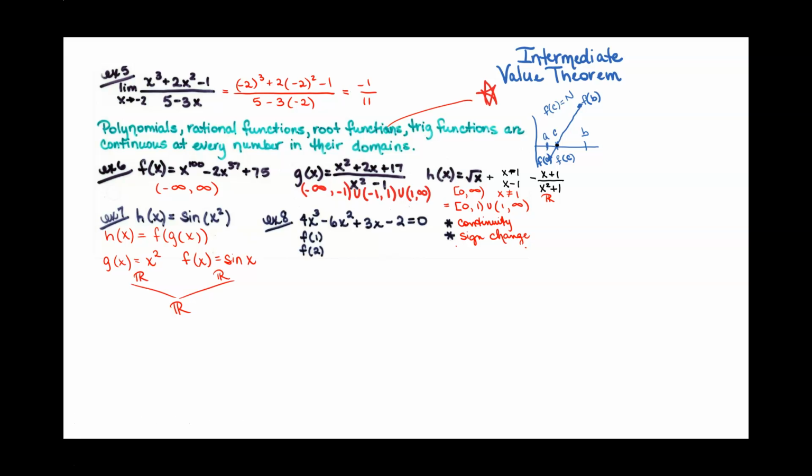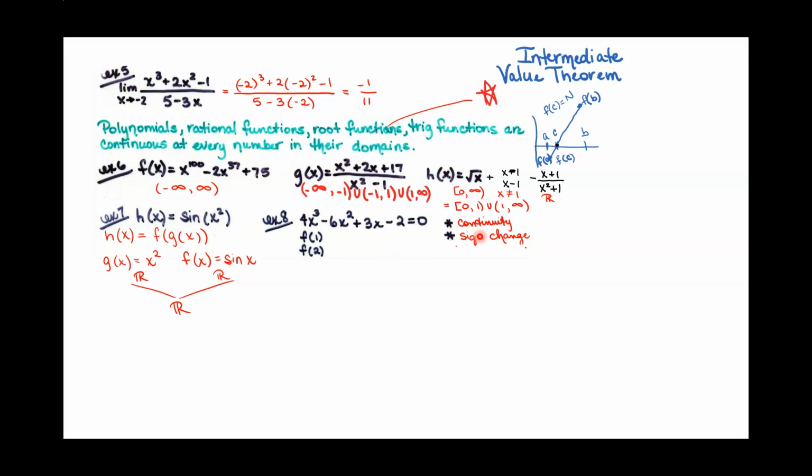All right, the last thing we want to talk about is the intermediate value theorem. The intermediate value theorem starts off by saying, let f be continuous. So number one, we're going to have to start with checking continuity. Then it says, let f be continuous over a closed bounded interval from a to b.